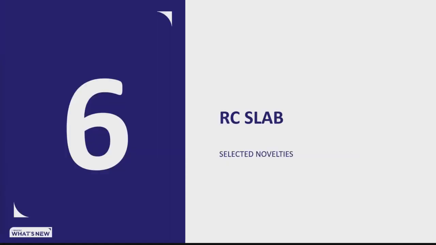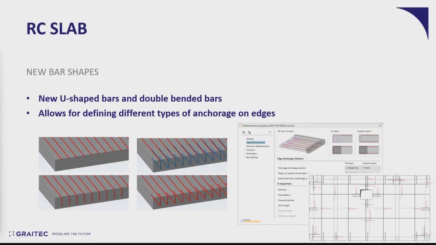Now it's time for the SLAB module. I will start with quite an extensive change, new bar shapes. We expanded the list of types of rebar shapes for concrete, with two types: U-shaped bars and also double-bended bars. Thanks to this, there are 4 anchoring methods available: with straight bars, with hooks, with double bend bars, and using U-shaped bars.